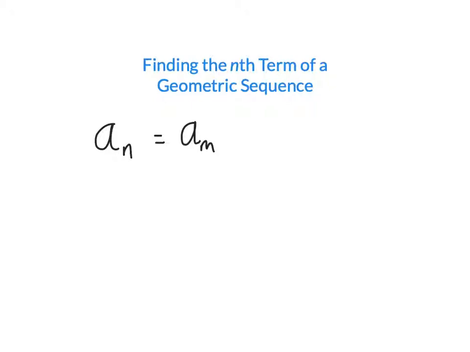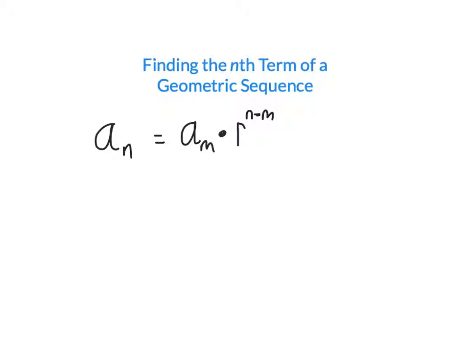And instead of adding a common difference, we're going to multiply by a common ratio. You know that our common ratio is r. And the way we know how many r's to multiply by is to subtract n minus m and make that the exponent on r.